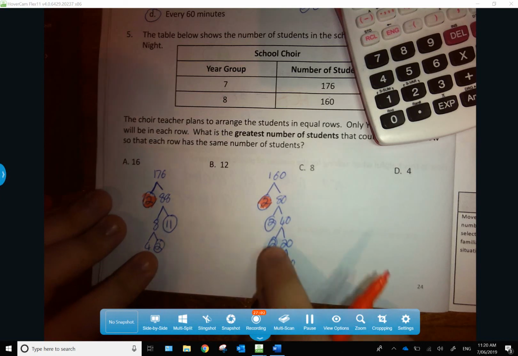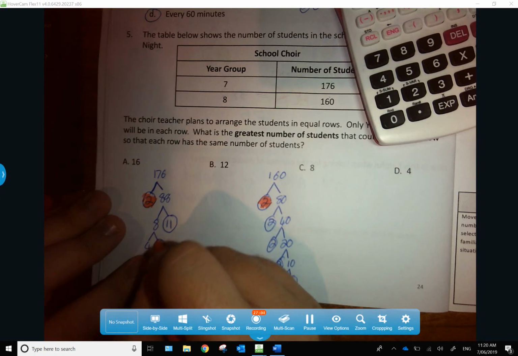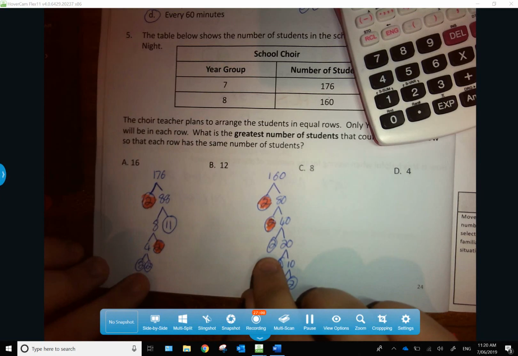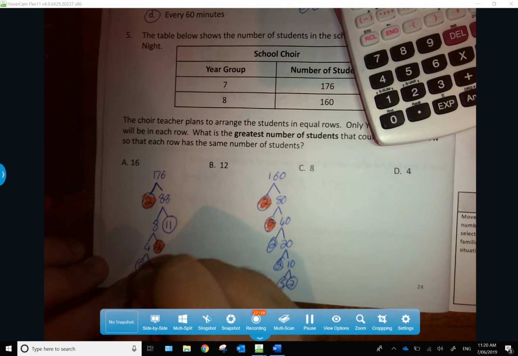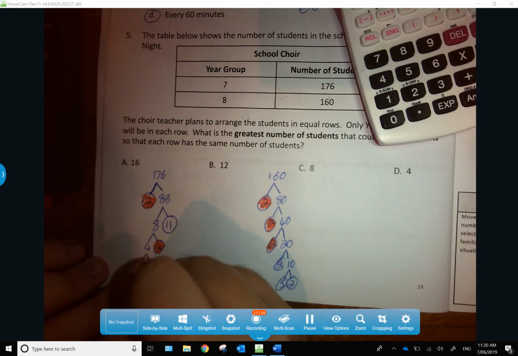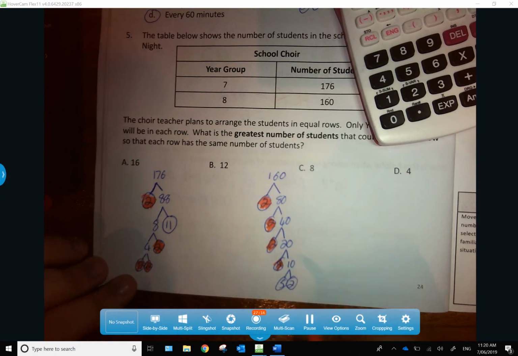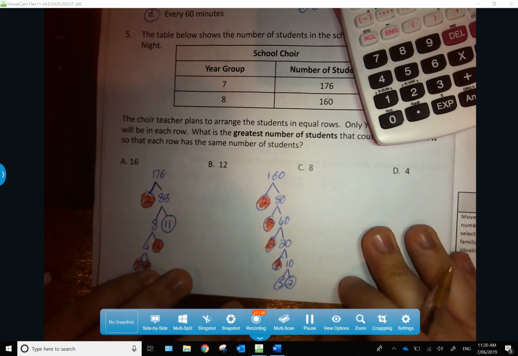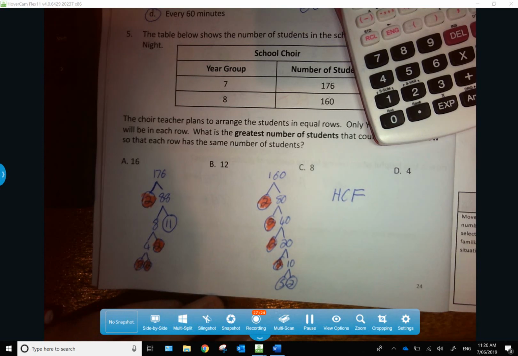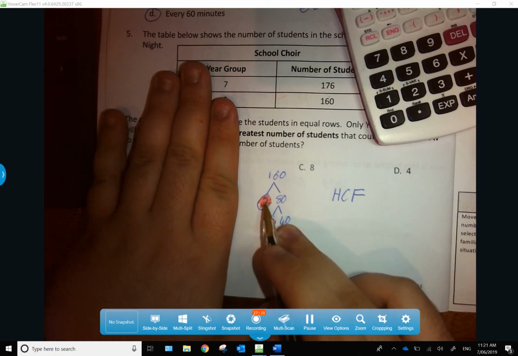What about the 2? There's another 2 that I can find a friend for. Let's highlight that. I can highlight that 2 with that 2, and then I need to highlight this 2 with this 2. Now, what do we need to do at the end? To find the highest common factor, all you do is multiply all of the numbers that are highlighted in one of the trees.